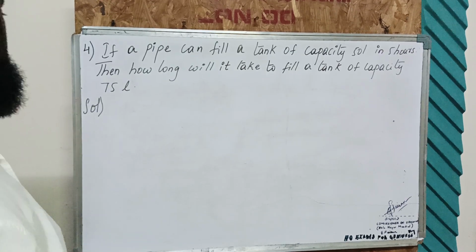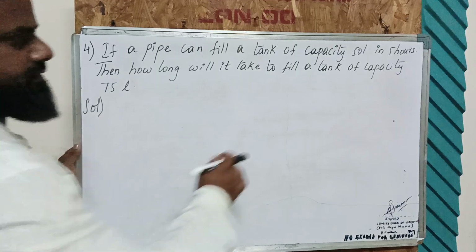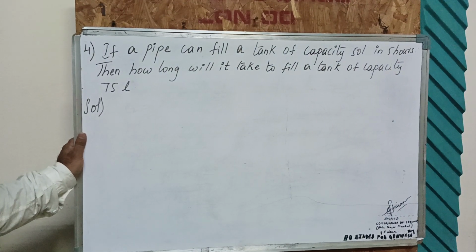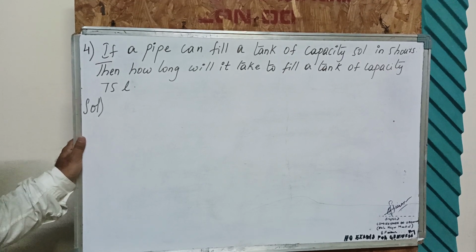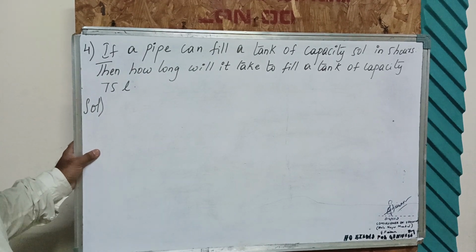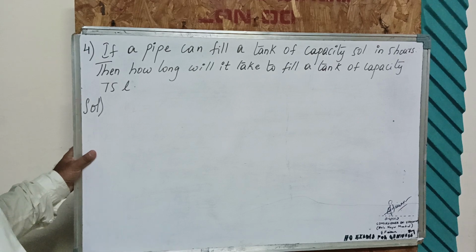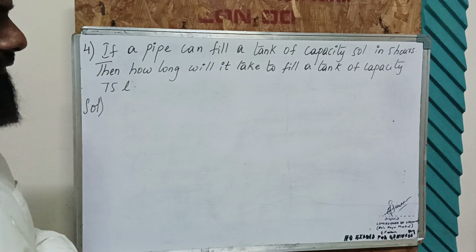Now here, question number 4 is, if a pipe can fill a tank of capacity 50 liters in 5 hours, then how long will it take to fill a tank of capacity 75 liters? Now here nothing is changing. The pipe remains the same, and there is only one pipe which is filling a tank of capacity 50 liters in 5 hours. The same pipe is going to fill a tank of capacity 75 liters.